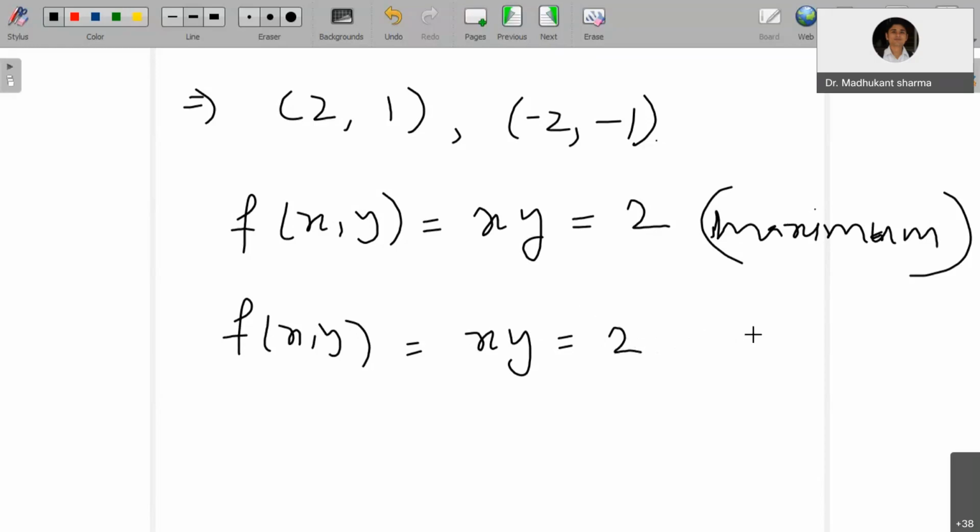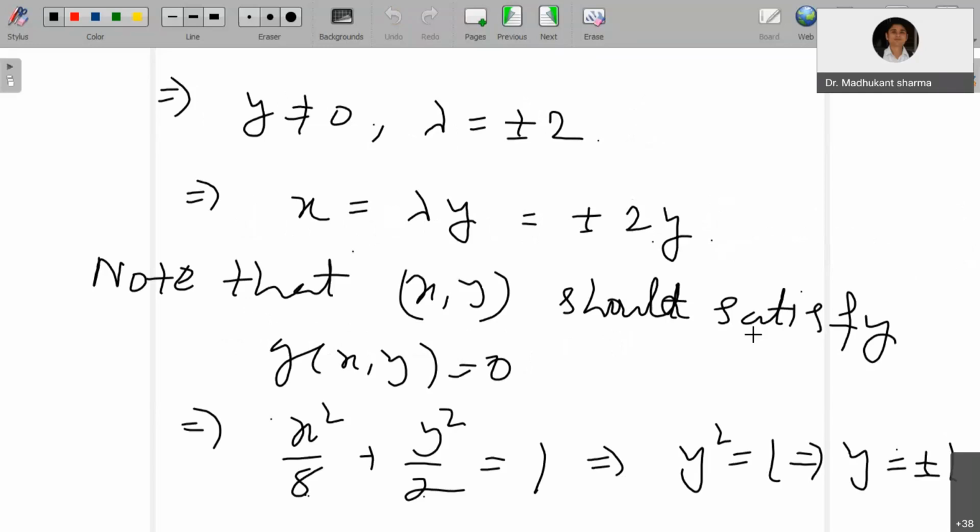Sir, can't there be 4 points? No, there are 4 points. Keeping y as 1, we can get plus minus 2 for x as well. Just a second.